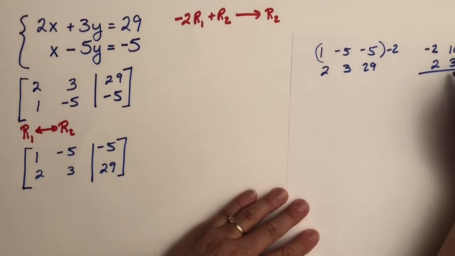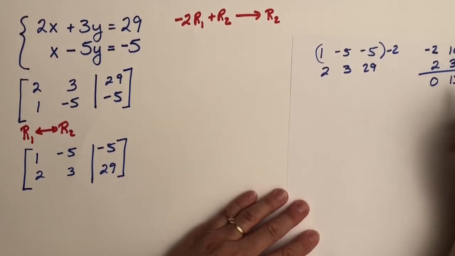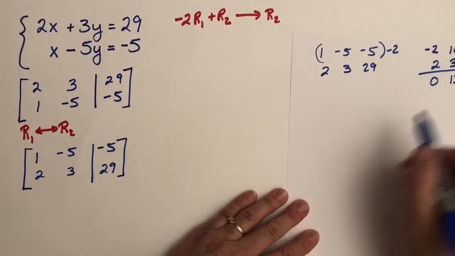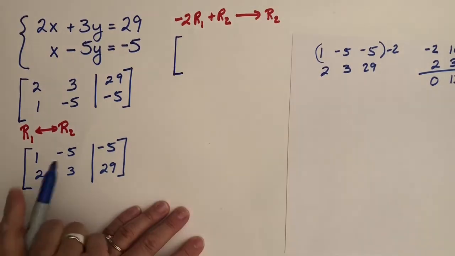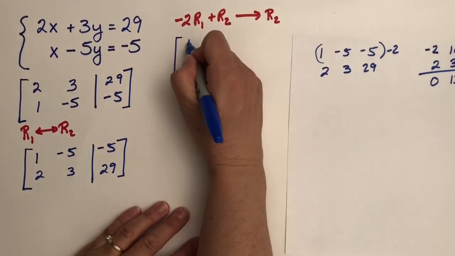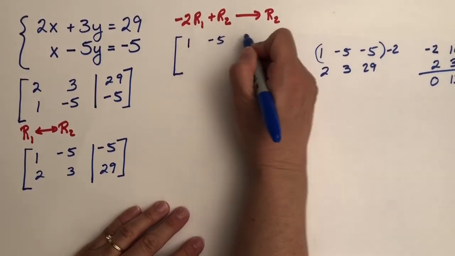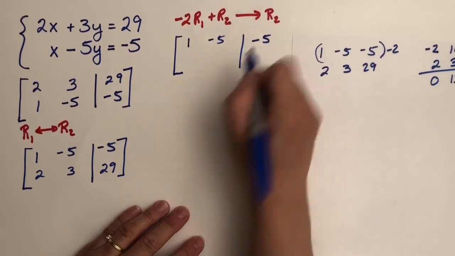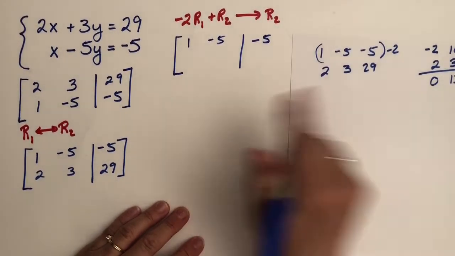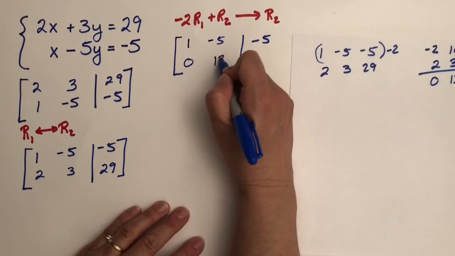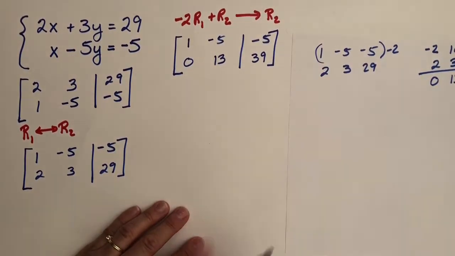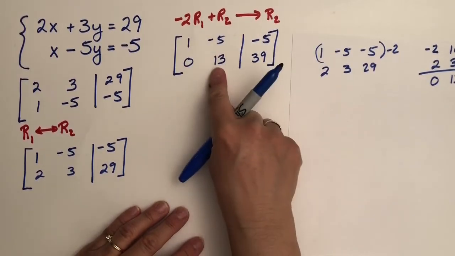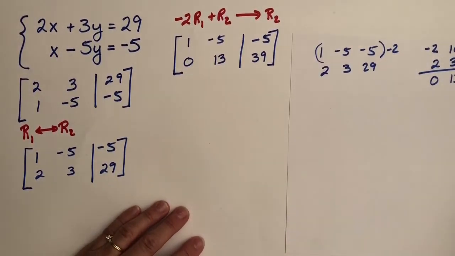And when we add those, we get 0, 13, 39. And we're going to place that into row 2. So here's our matrix. Row 1 stays unchanged: 1, -5, -5. And row 2 is now 0, 13, 39. And the more you practice it, the more you'll be able to do it without going to scratch paper.